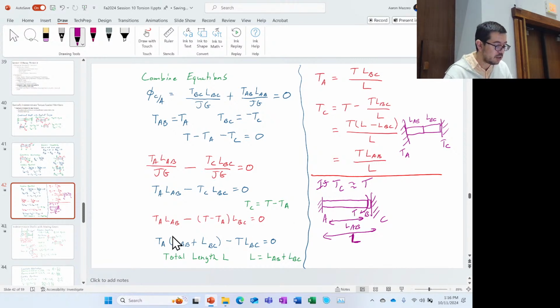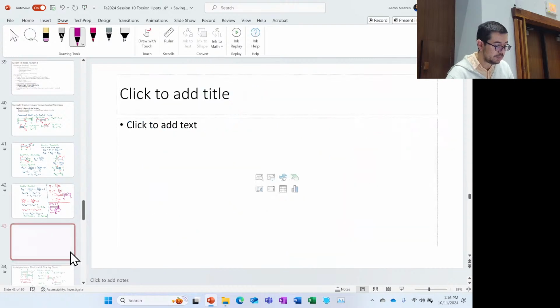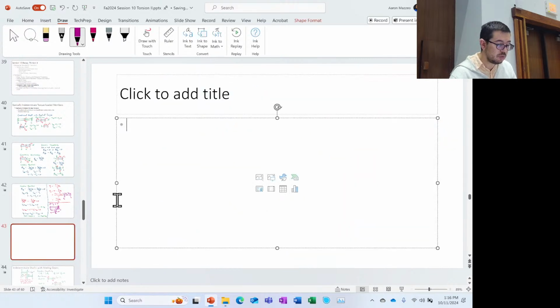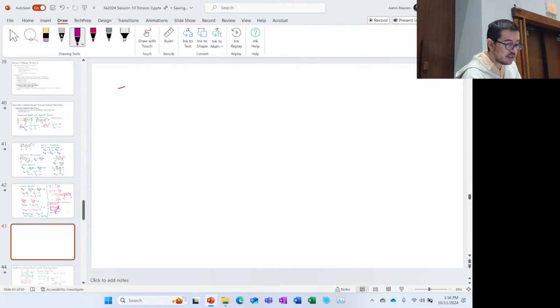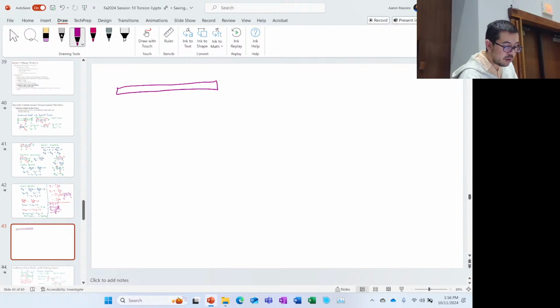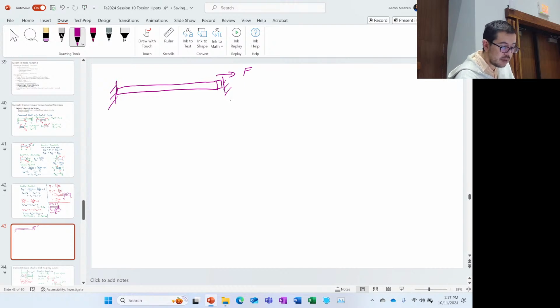What I feel I should have told you before, and what I'm telling you now, is that this is true for bars as well. So as we make a bar that might look something like this, if I apply this force here, and I'm interested in the reaction force, Fc.